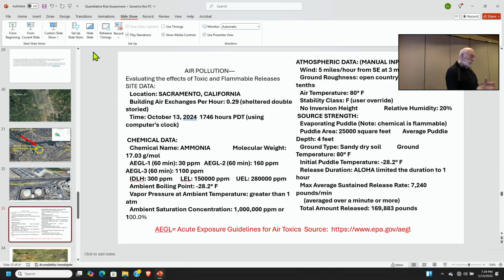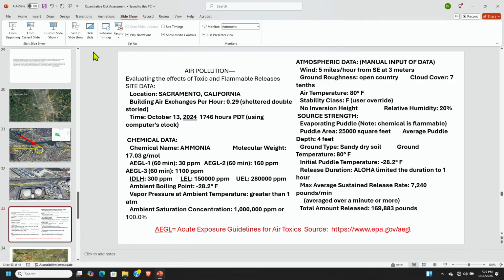Here's the effects. I include this just for reference sake, to talk about the chemical data and so on, and to introduce the AEGL. AEGL is Acute Exposure Guideline Levels for Air Toxics.